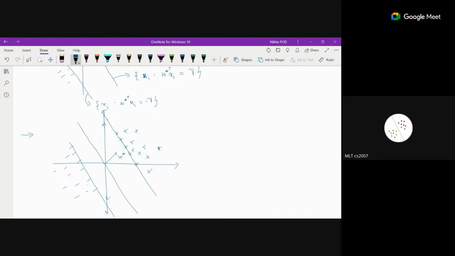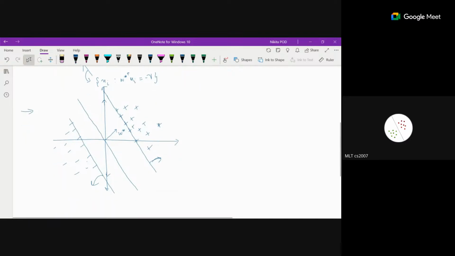This line is the set of all xi for which W star transpose xi is equal to minus gamma, and this is plus gamma.